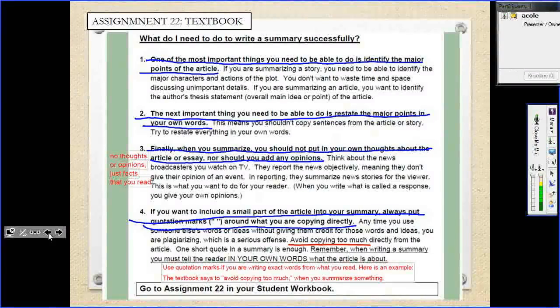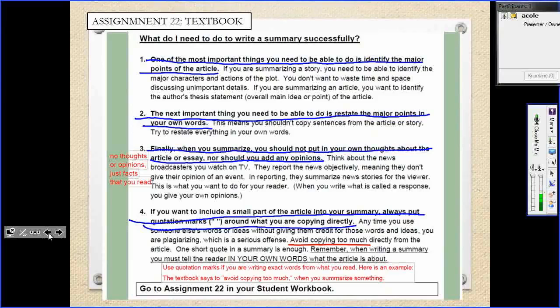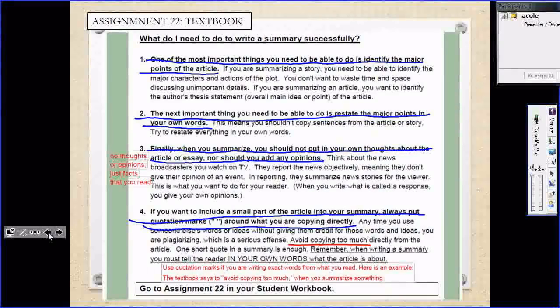And later on, if you ever write, say, a research paper in the future, we don't get into research papers in this course, but if you ever get into writing research papers, you'll learn more about something called citing your sources, which is where you use quotation marks, and then when you're done, you use some brackets to show where you got that information from.